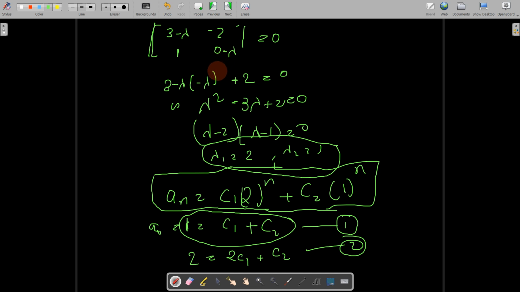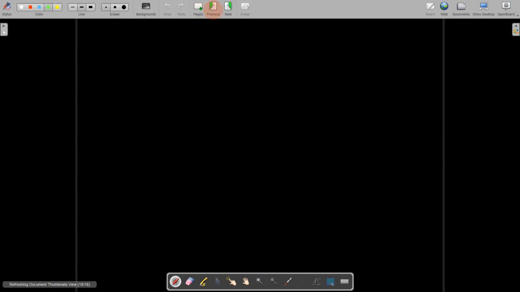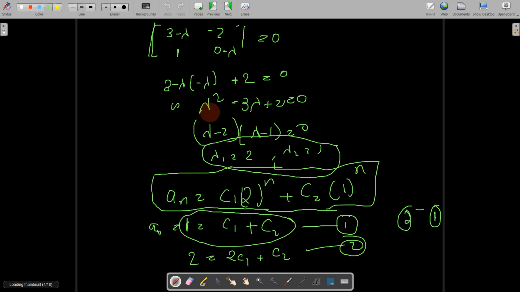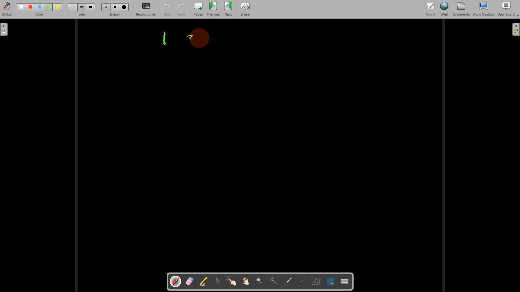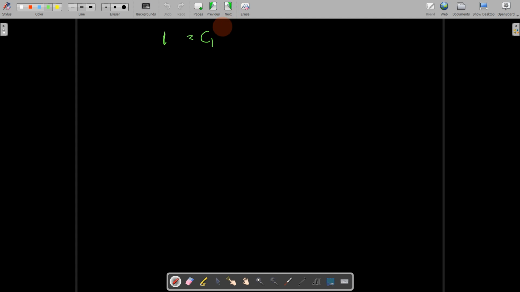If we subtract equation 1 from equation 2, c2 will get eliminated. 2 minus 1 is 1, and 2c1 minus c1 is c1, so c1 is equal to 1.